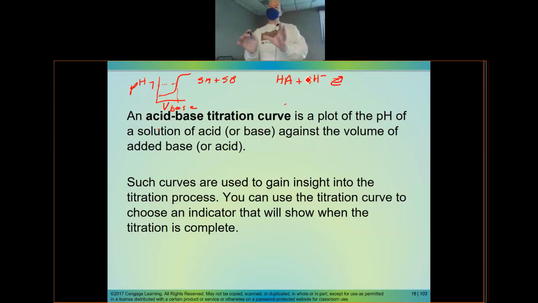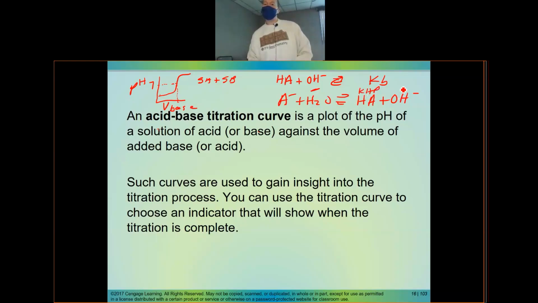When you're adding stuff, you want that on the reactant side, but you should know that since it has OH-, it is going to be the KB reaction. So you should be writing A- plus H2O goes to HA plus OH-. This is your KHP, that's your weak acid, and this is your NaOH, your strong base. And now you have a KB reaction.